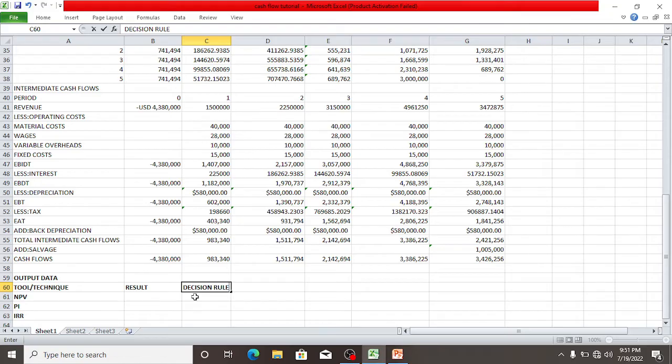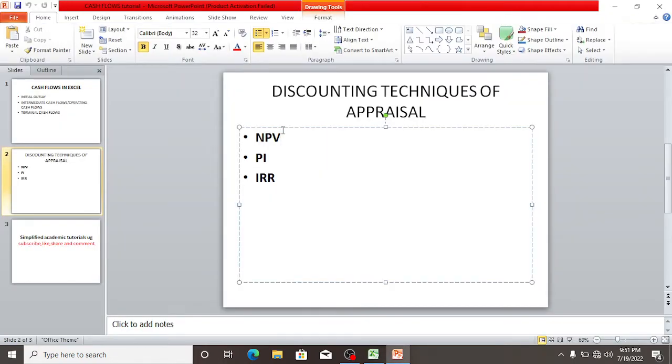NPV, its formula, let me put it here. It is equal to present value of cash inflows minus present value of cash outflows.